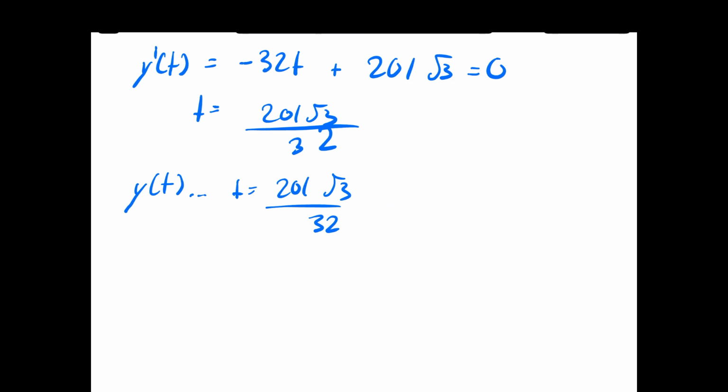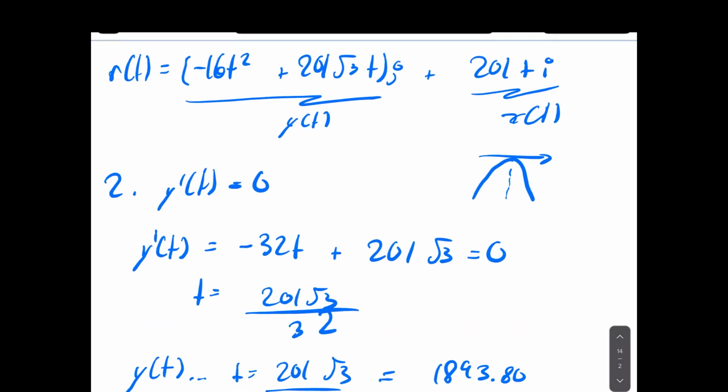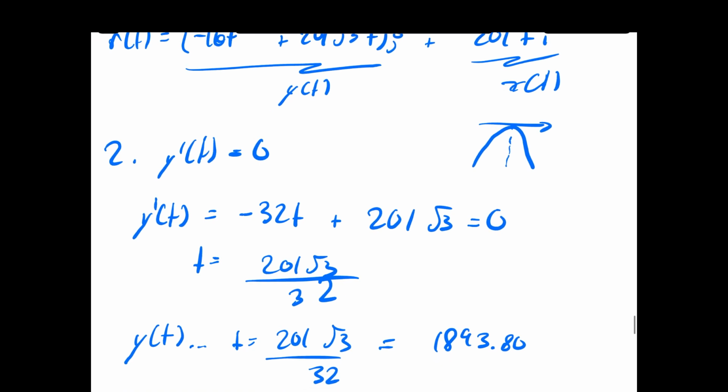I won't write this down because it's just like, oh, here you go, 1893.80. And if I even go to plug that back into my original equation, just for the sake of it, because I also want to double check, over 32 squared plus 201 root 3 times 201 root 3 over 32.